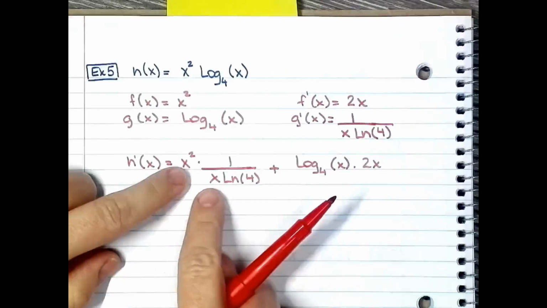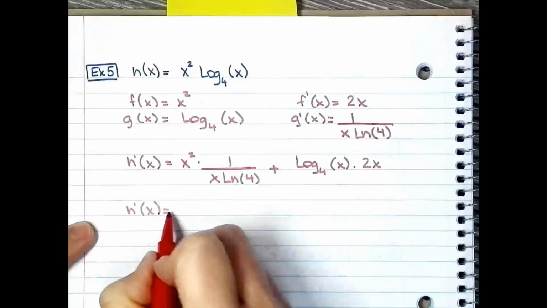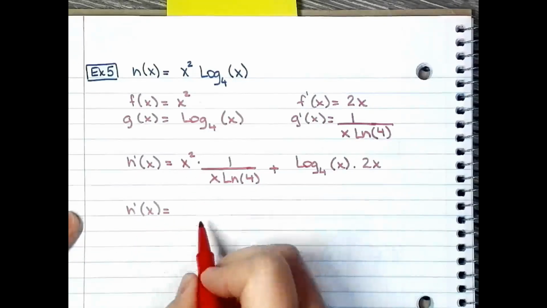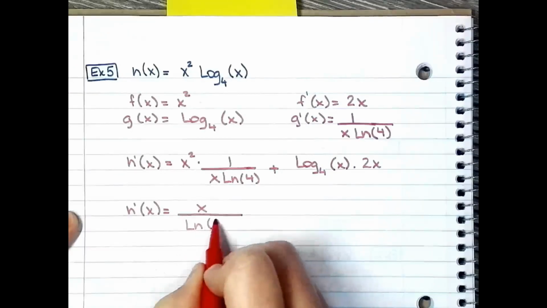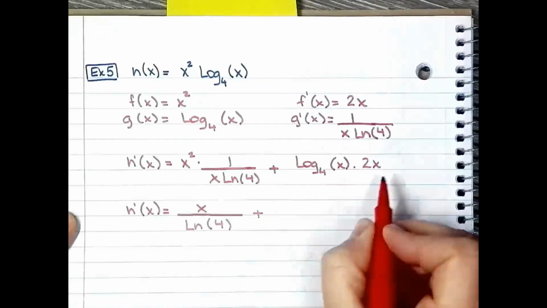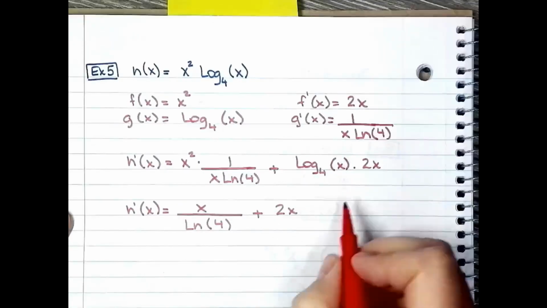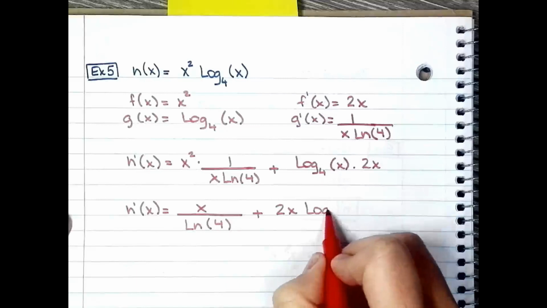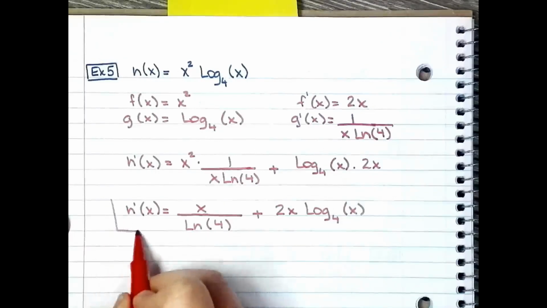We have to simplify that. X squared divided by x is just x. Everything else remains in the denominator. And here I'm just going to move the 2x in the front. It's not wrong if you leave it like this, though. I just like the leading coefficient to be in the front. Looks better.